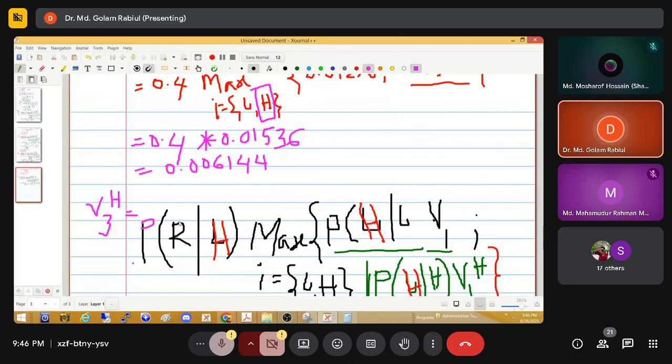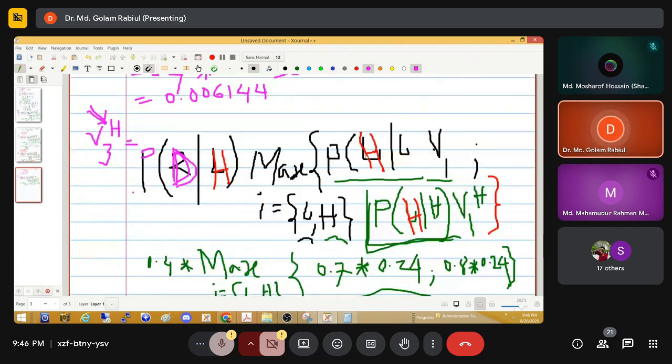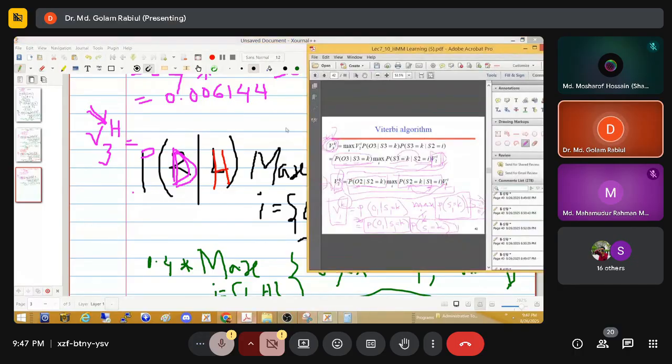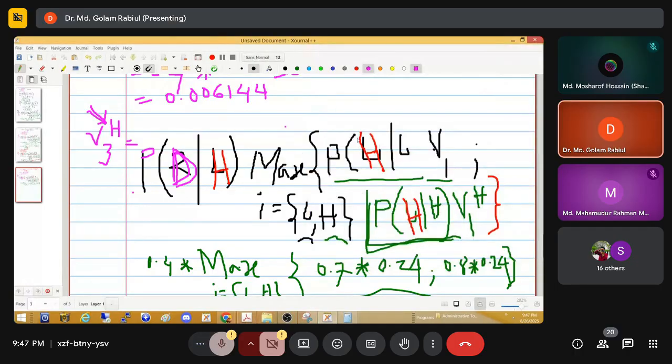So that's why instead of rain, we have to say here dry. And this time K is H. Max probability of S3 equal K, so K is our H.